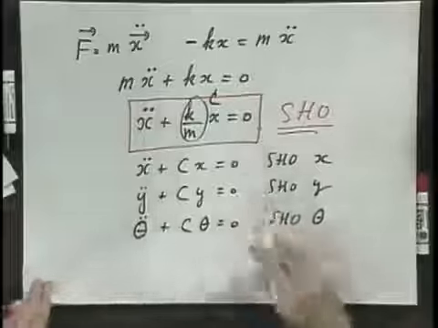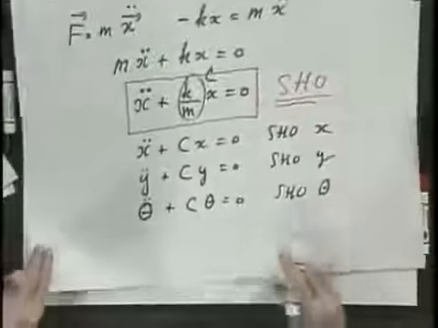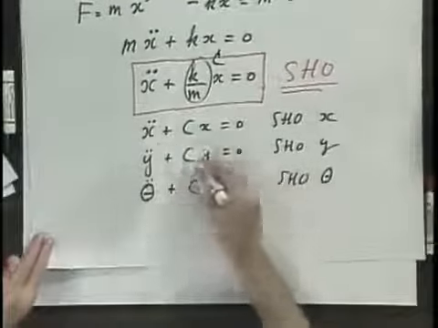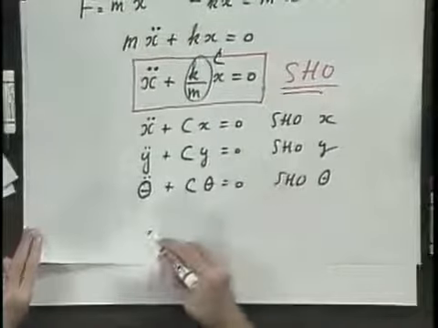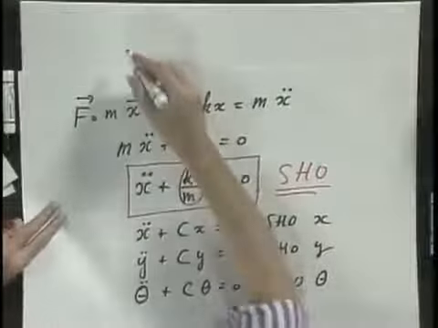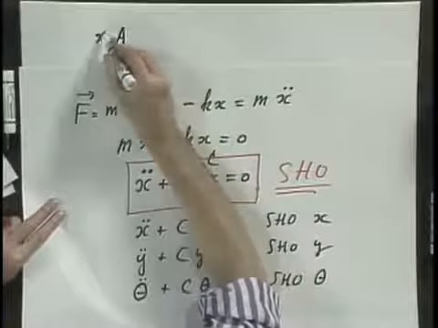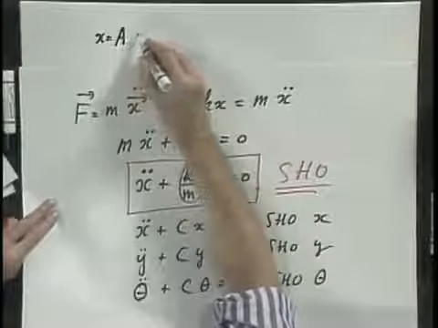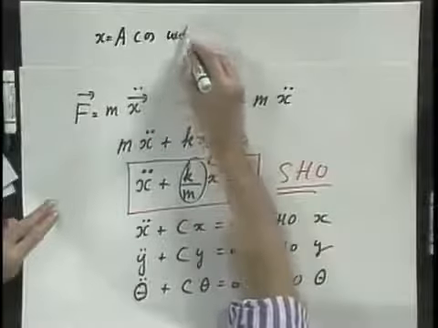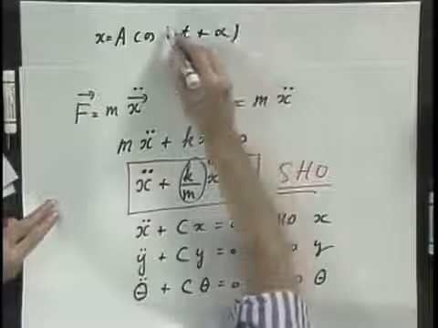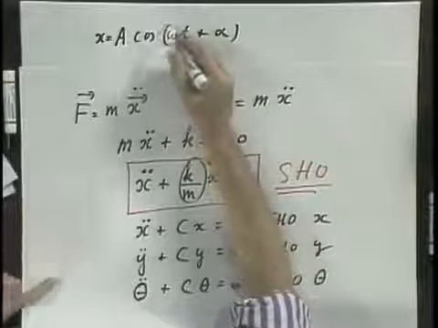The solution to this equation, any one of these equations, is that x equals A times the cosine of omega t plus alpha. You may prefer a sine.